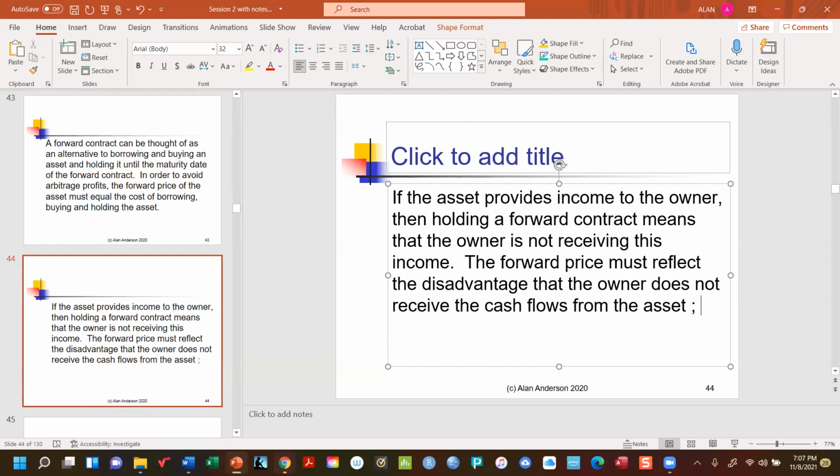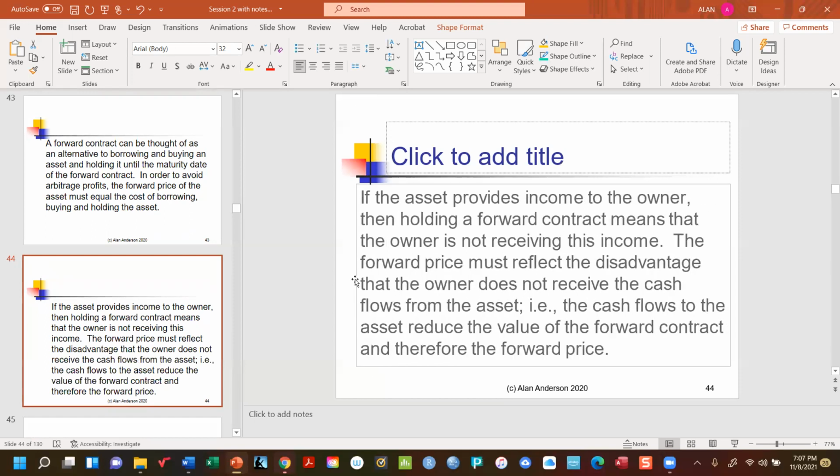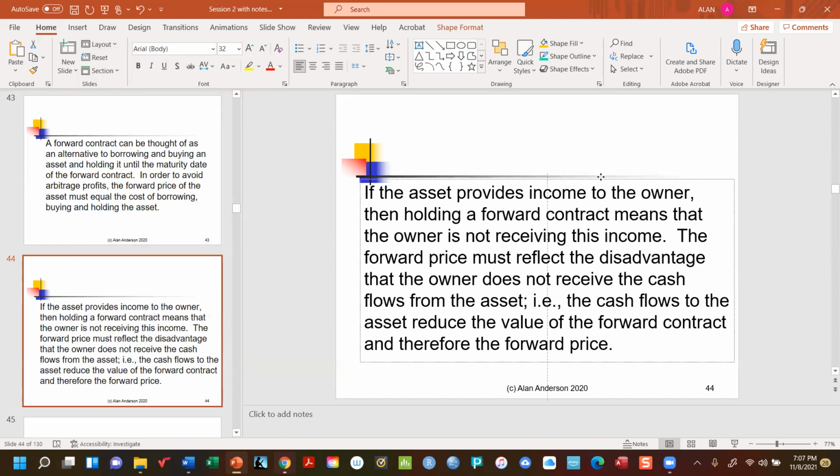Or another way of thinking of it is that the cash flows to the asset reduce the value of the forward contract, and therefore the forward price. I think that's probably better. In other words, anything that makes holding the asset more attractive is going to reduce the attractiveness of the forward contract, and therefore that will make the forward price lower.